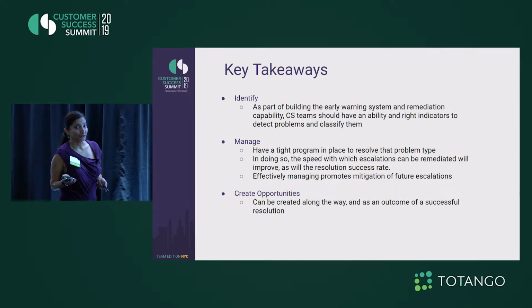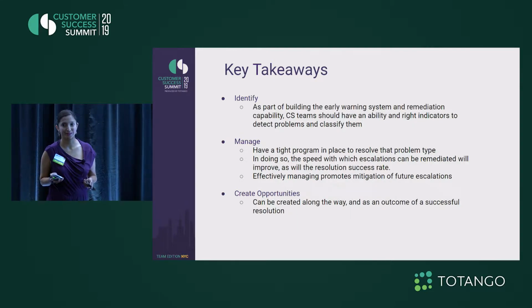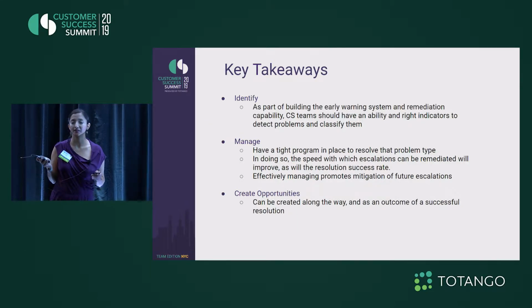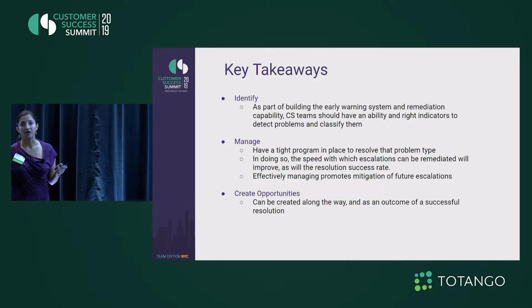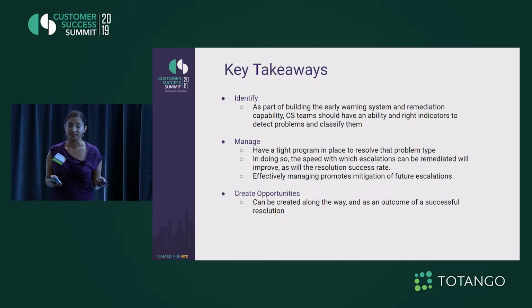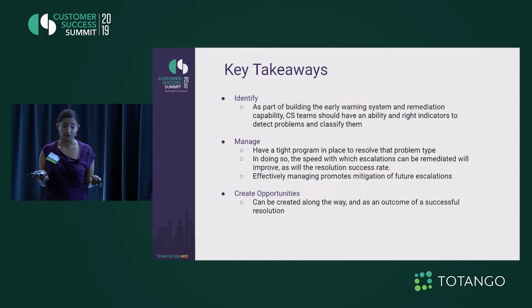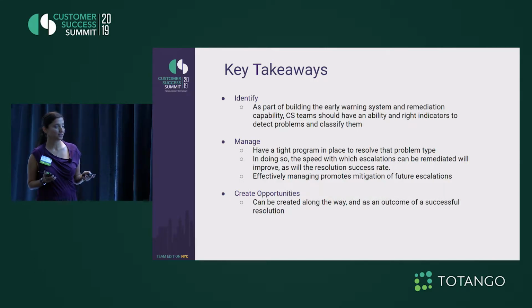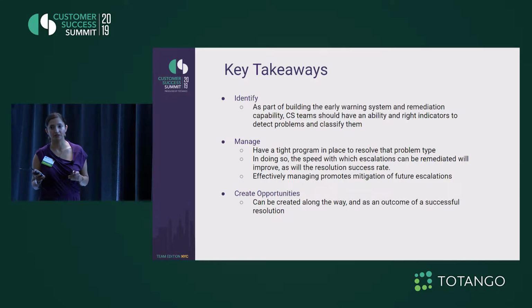So what I want to leave you with is the three things that we talked about, but really understanding that there are ways to be able to effectively identify reasons that an account can go into an escalated state. So we talked about, part of that early warning system, the remediation capabilities and so forth, and how important it is for the teams to know what to actually hone in on.